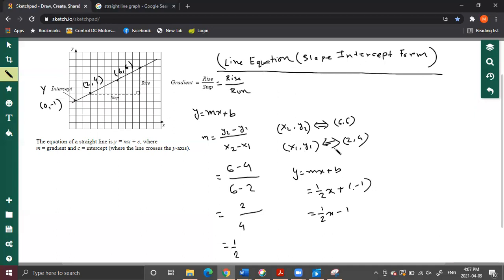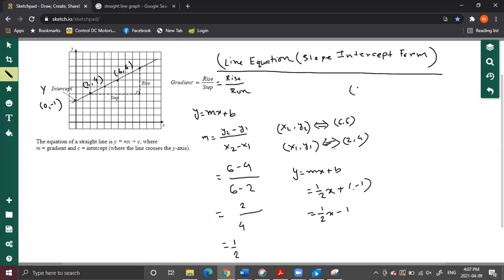If we choose any other 2 points, not necessarily these two, we'll get the exact same answer. The y-intercept won't change. Just to give you an example, if we choose this point instead of (2, 4), let's determine this point. So this point will be (4, 5).